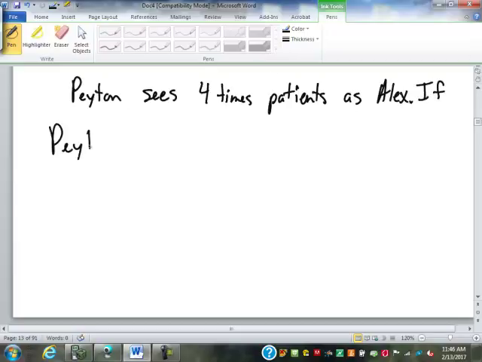If Peyton sees 27 more patients, how many did each see?